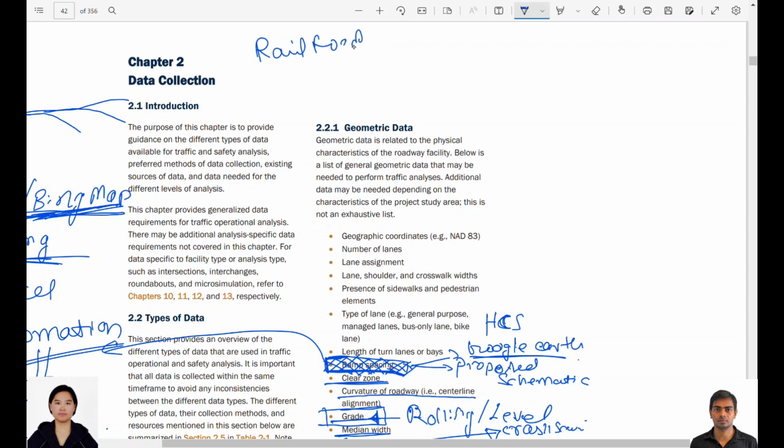Railroad preemption in traffic operations has a form we will discuss, which we need to fill out to ensure that we are giving enough time, and the phasing is set in a way that we are fulfilling the railroad requirements.